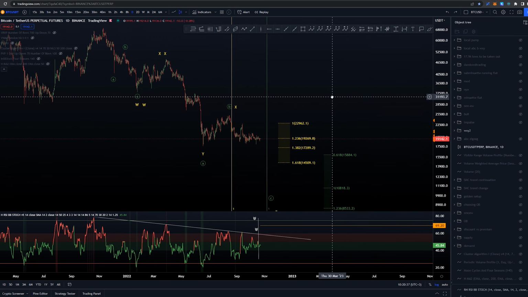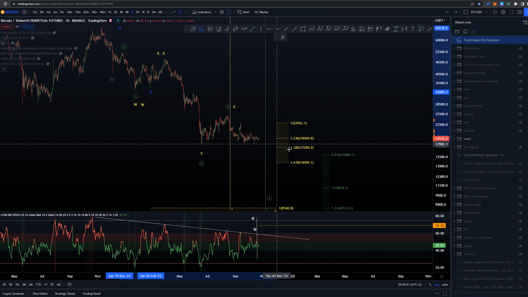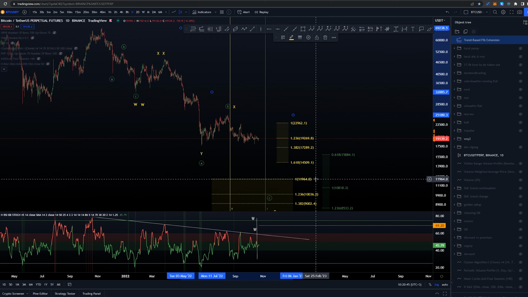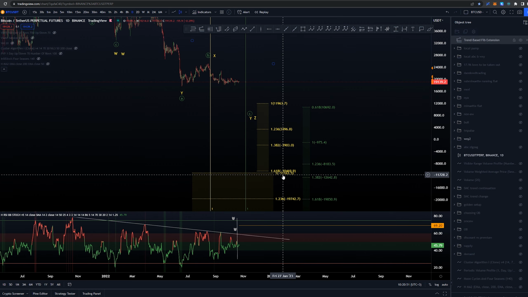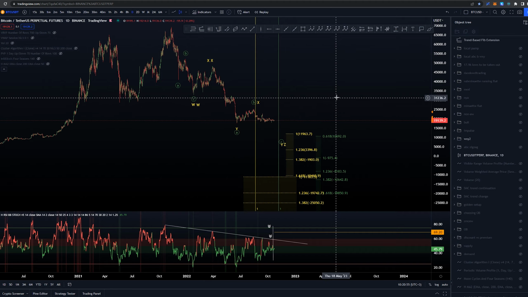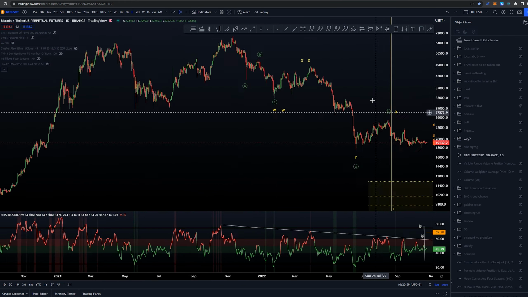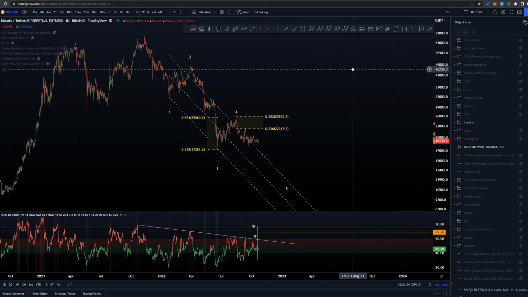At that point we would be comparing the first leg, wave W, for that wave X here, and at least on logarithmic scale we would be looking for this 12k target. On arithmetic scale, of course, that would be something completely different, which is not really measurable. But I just wanted to bring that into the minds.